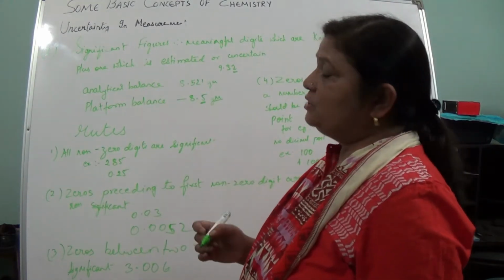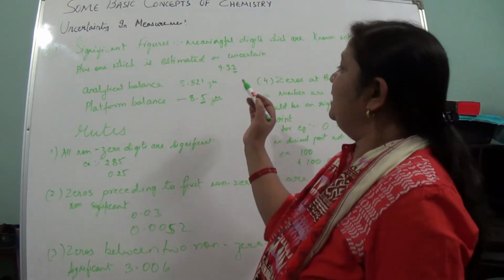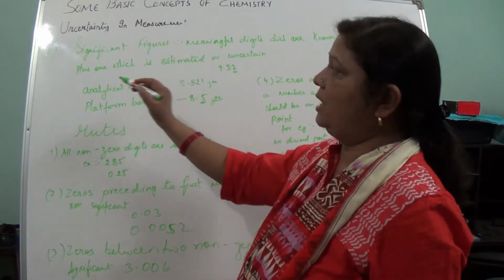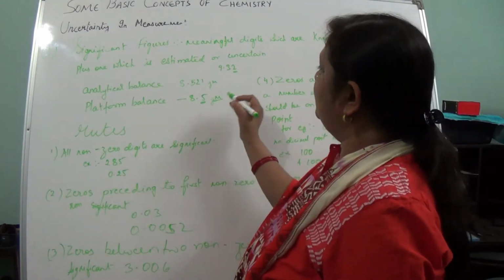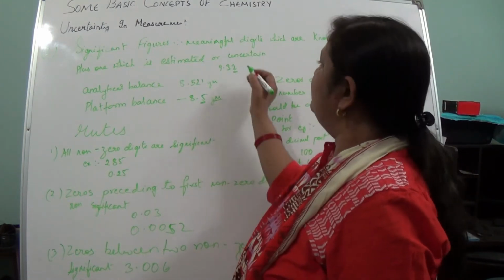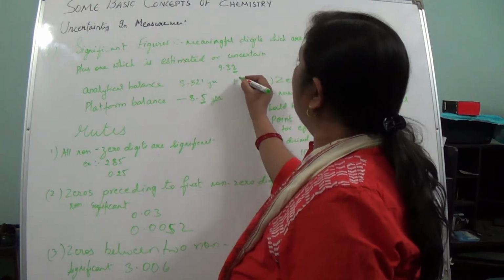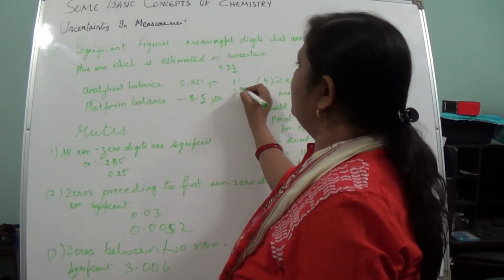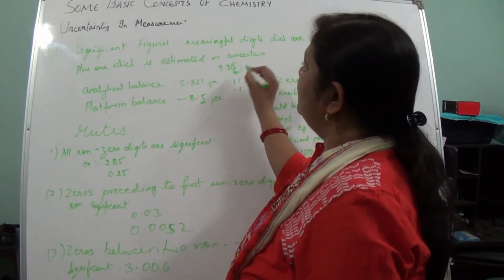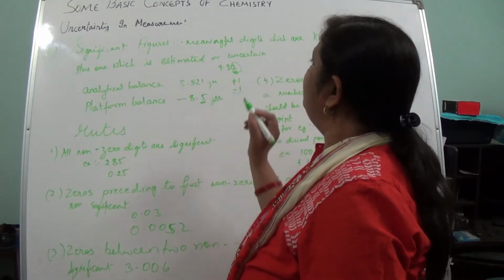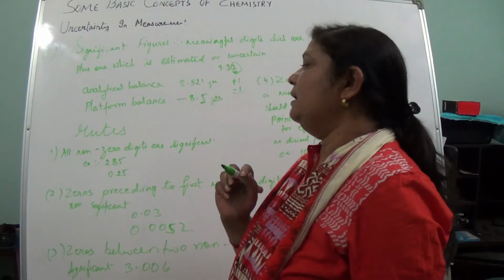Whatever reading we write, the last digit might have a variation of plus 1 or minus 1, and so it is said to be uncertain in nature.